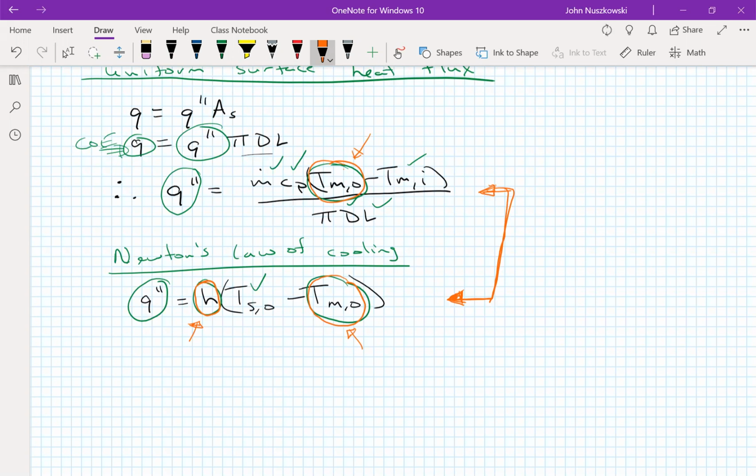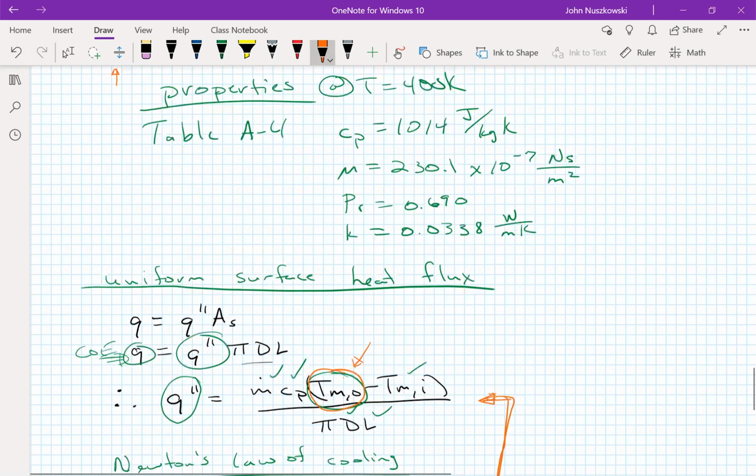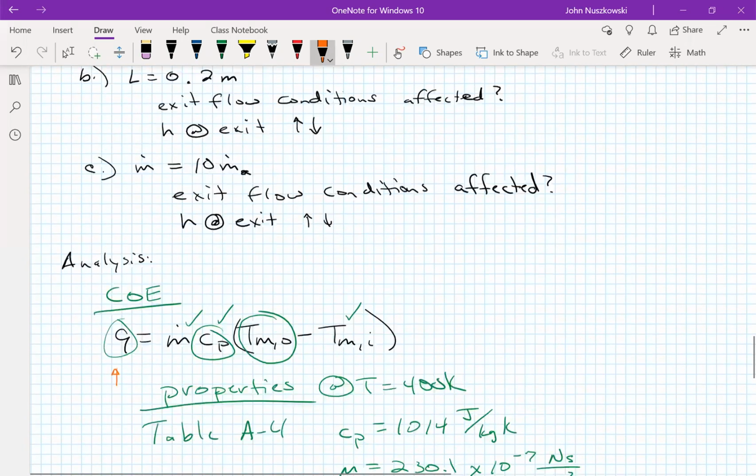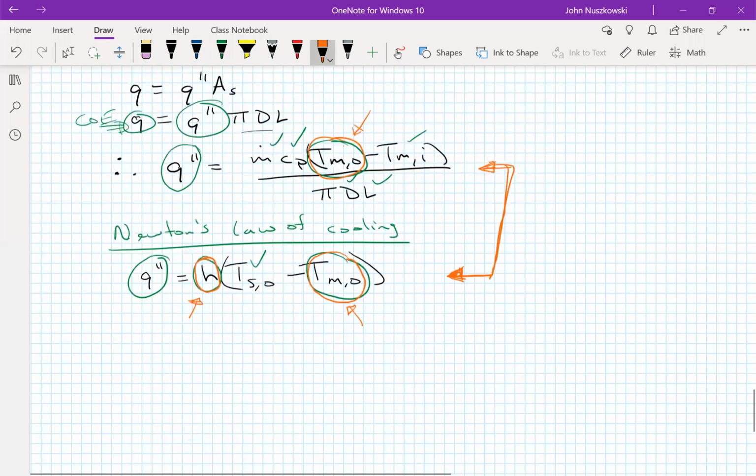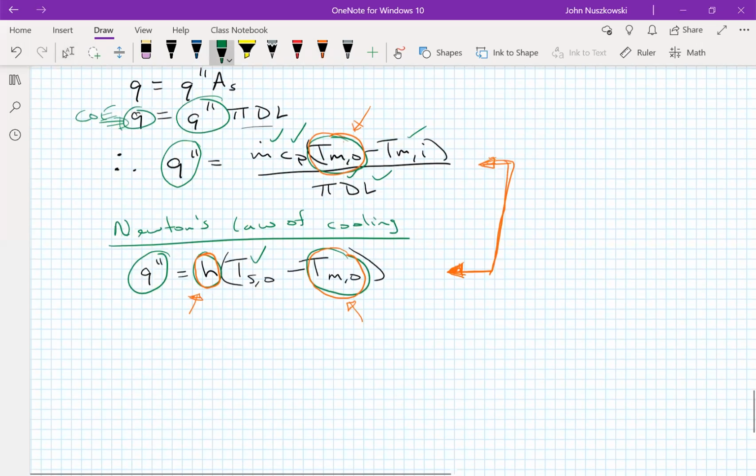I would do the convection coefficient. Yeah, so our convection coefficient, right? We already said no, we haven't determined anything. So we need to figure out our convection coefficient, right?